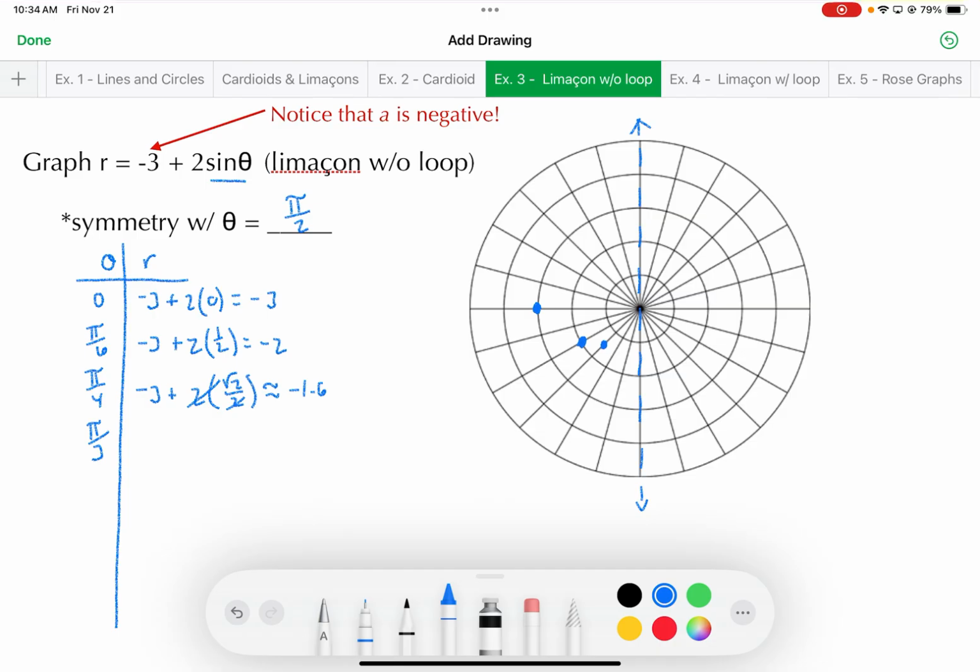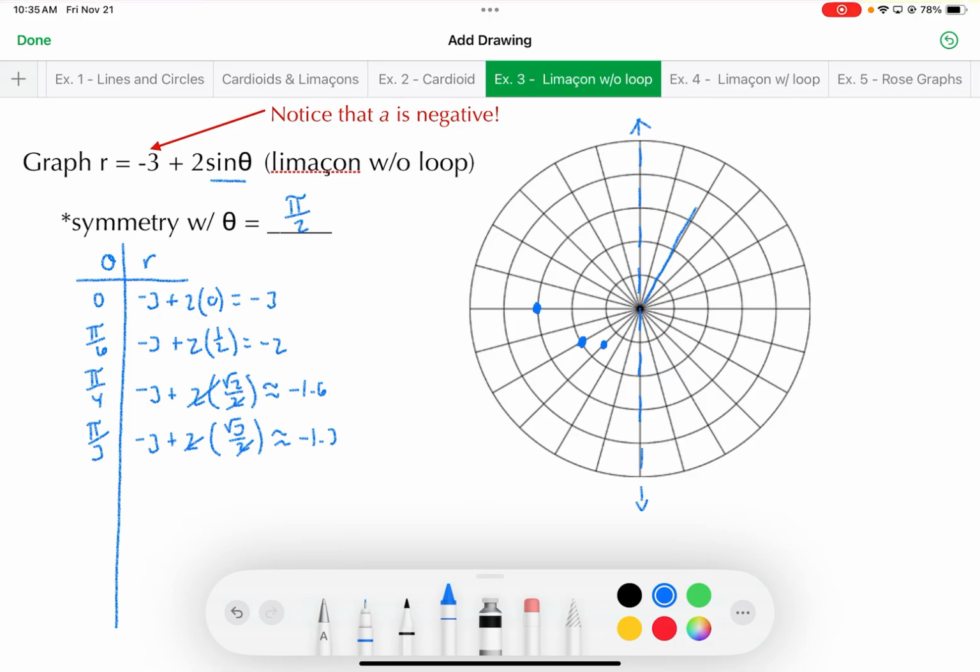Pi over 3 next. Okay, that's going to be radical 3 over 2 when you evaluate it with sine. So these wipe out. -3 plus radical 3 gives you, I've got it at -1.3. Okay, so right there's the terminal side of pi over 3.